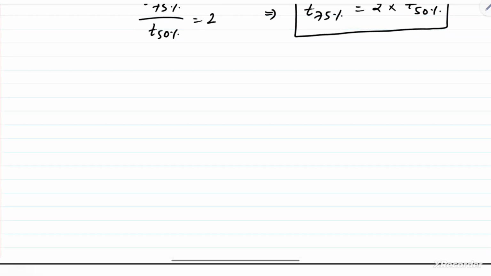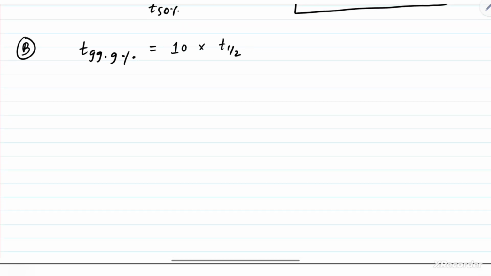Okay, second part. If I have to prove the second relation, this is very important, I think for this year: T 99.9% is equals to 10 times of T half. So again write the expression for both of them. T 50% is 0.693 by K. This we already know, this is the formula for T half. This is the first equation.